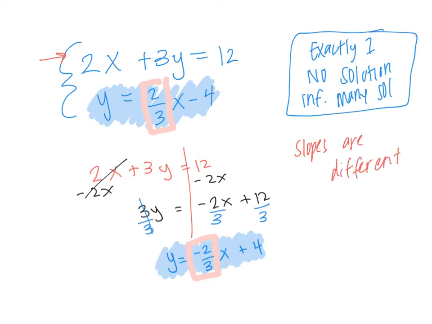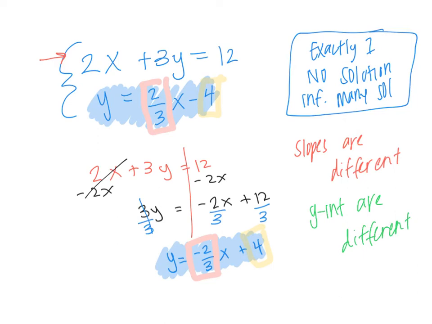The reason they're different, yes, they're both 2/3, but one's positive and one's negative. So one's going to go up, one's going to go down. And now let's look at their y-intercepts. We have a negative 4 and we have a positive 4, which are different. So that means that our y-intercepts are different.